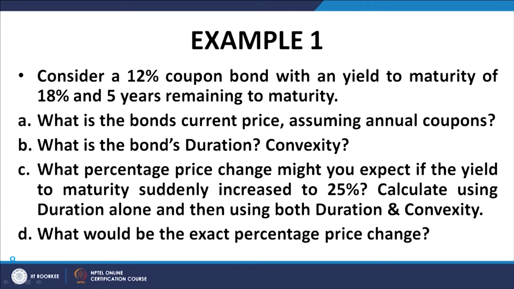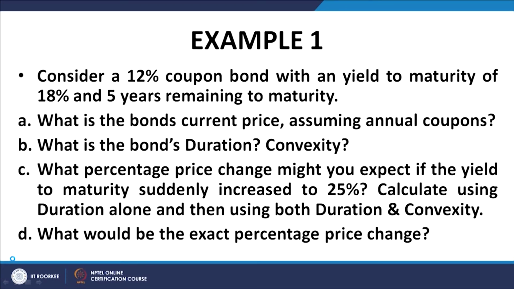What is the bond's current price, DCF price, assuming annual coupons? Number 2, what is the bond's duration? Number 3, what is the bond's convexity? What percentage price change might you expect if the yield to maturity suddenly increased to 25%? It is 18%, it suddenly increases to 25%.